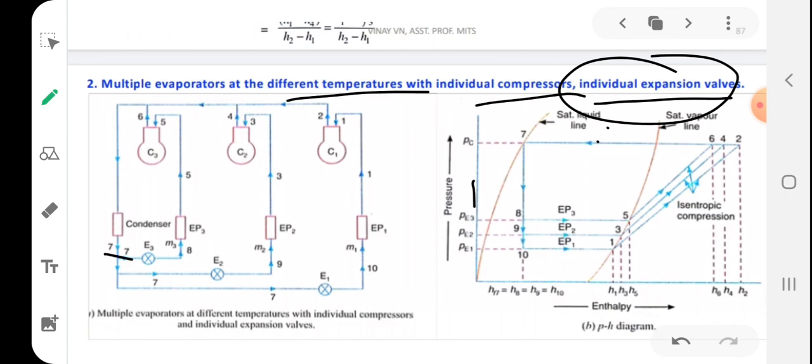From this point the stream is split into three streams, and each stream has its own expansion valve. So it can be considered as an individual expansion valve for each evaporator.